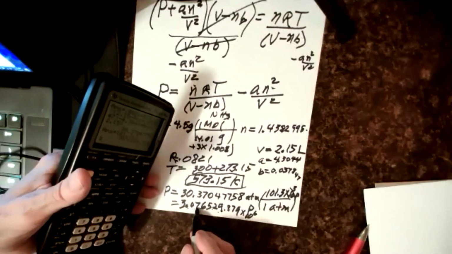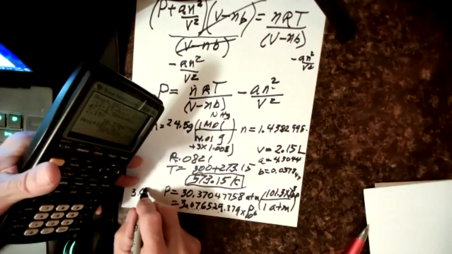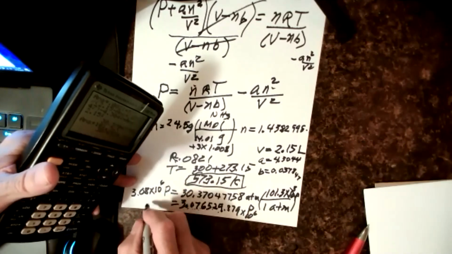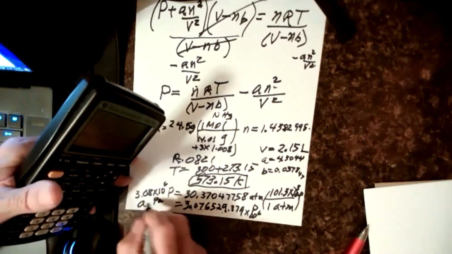And rounding off to 3 significant figures would be 3.08 times 10 to the 6 pascals. And that's response A.